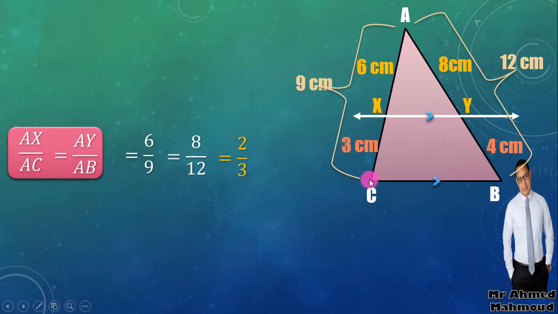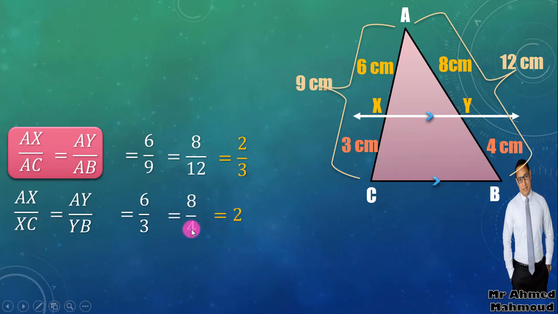So there is another proportion: AX over XC equals AY over YB, equals 2. So this is a new relation depending on the same two similar triangles.